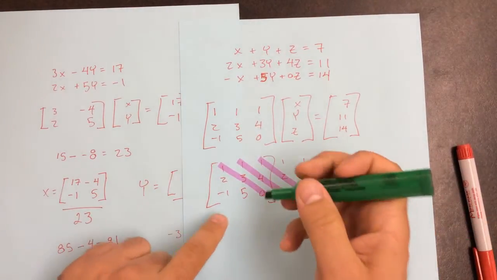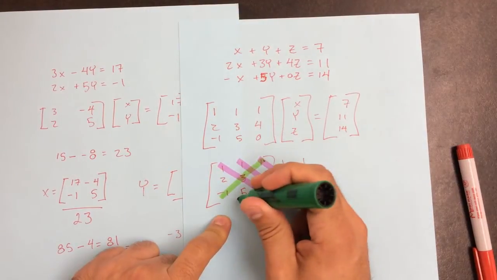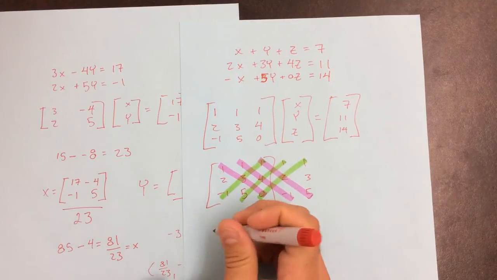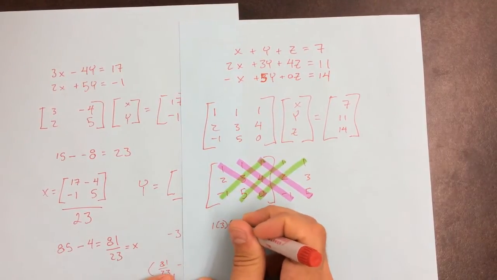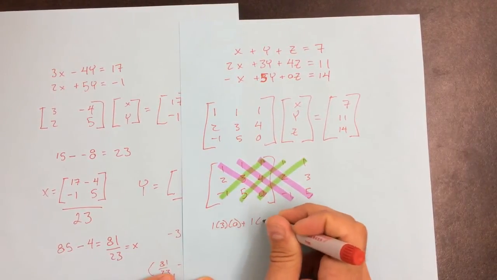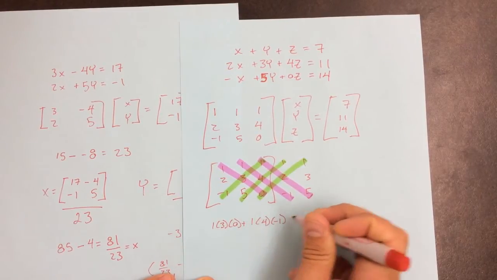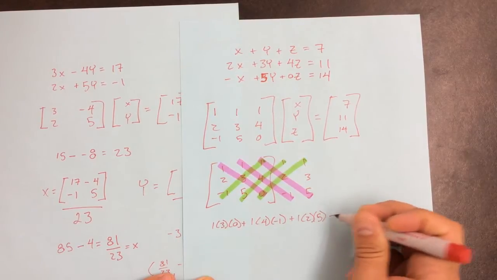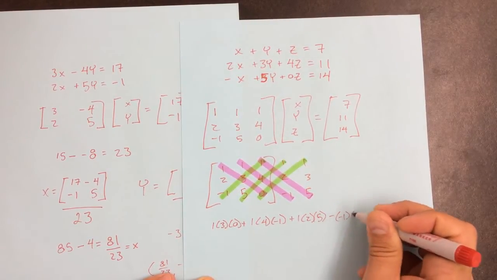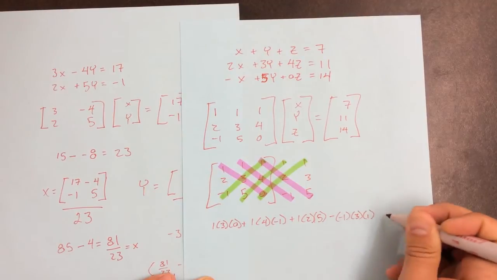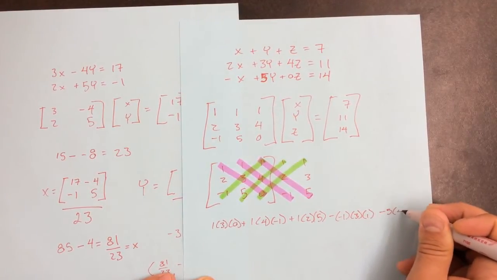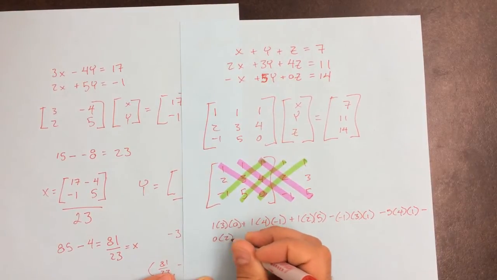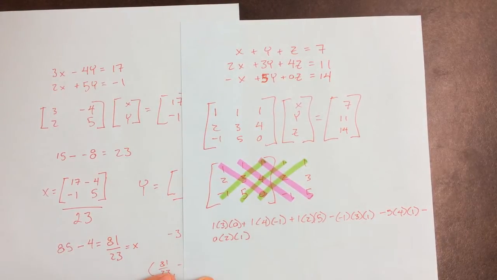Then we subtract the product of all of these, the product of all of these, and the product of all of these. So I'm going to do 1 times 3 times 0 plus 1 times 4 times negative 1 plus 1 times 2 times 5, minus negative 1 times 3 times 1 minus 5 times 4 times 1 minus 0 times 2 times 1. And I'm going to figure out what that is.